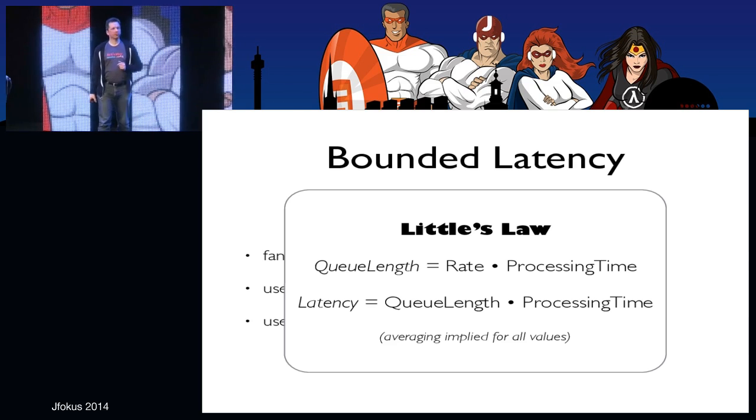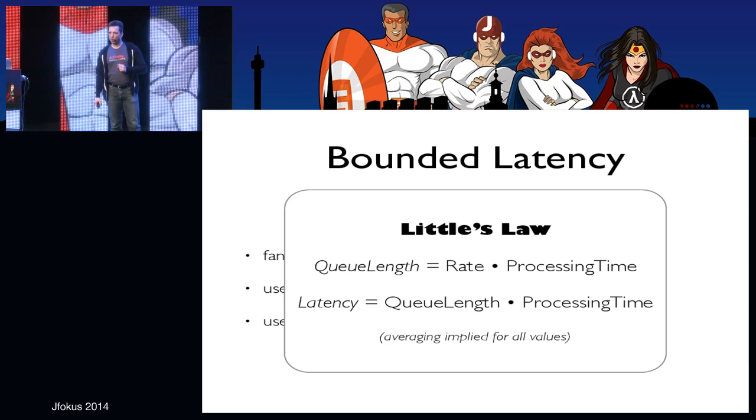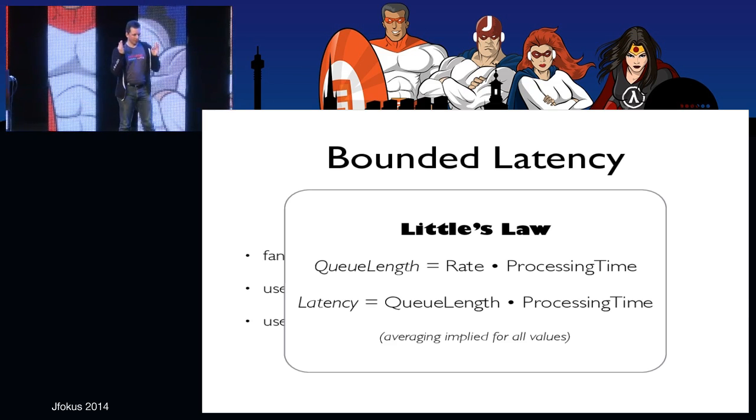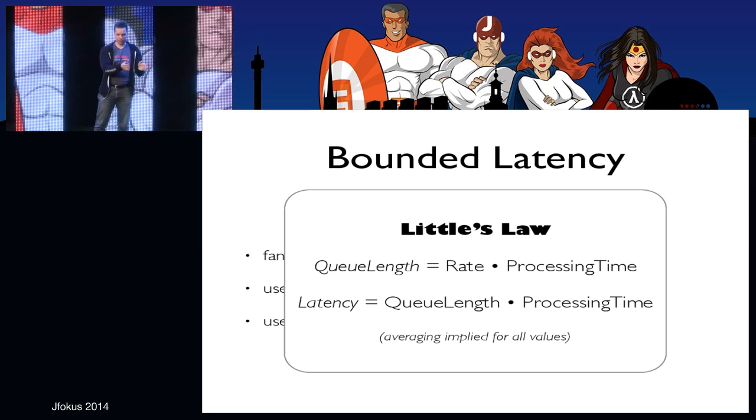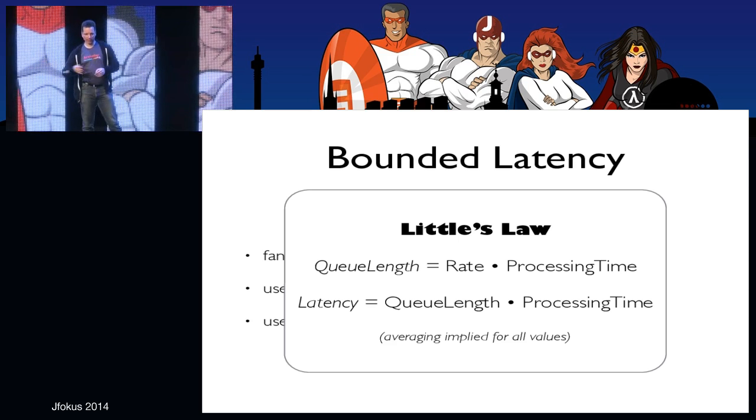There's this very useful formula which is called Little's law. Little's law describes when you have an average incoming rate of items into your queue and an average processing time for each item by the thing which drains the queue, then you can calculate the average queue length which will form in front of this service as the product of the rate and the processing time.